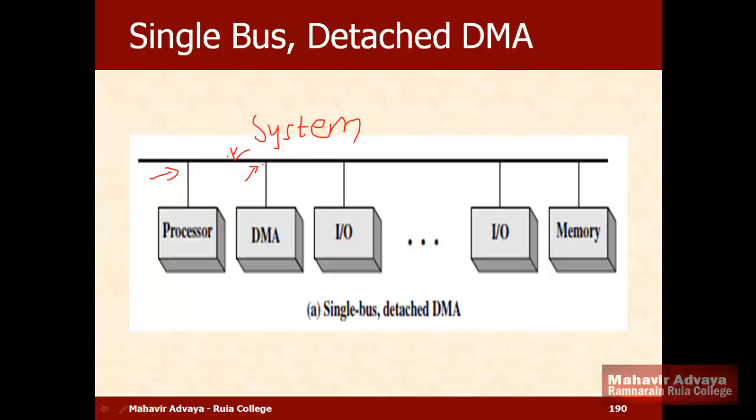DMA takes over the bus to read the data from input output devices to the memory, and again from memory to the processor. The bus is used twice for a single data access: from input output device to the memory, and from memory to the processor.